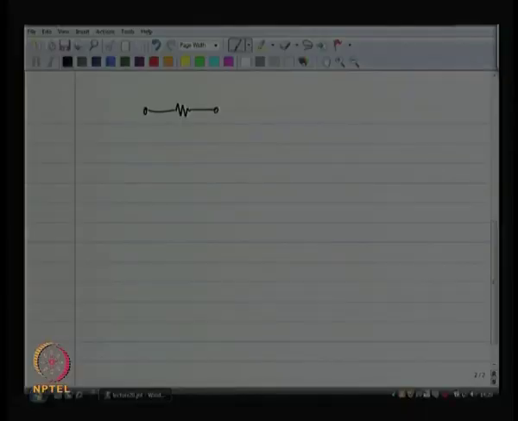We saw that if we have a resistor R, this is a source of noise and it can be modeled as a noiseless resistor R in series with a noise voltage.